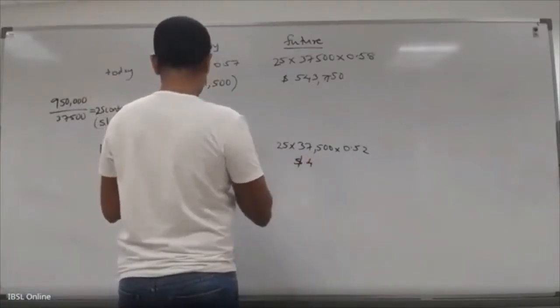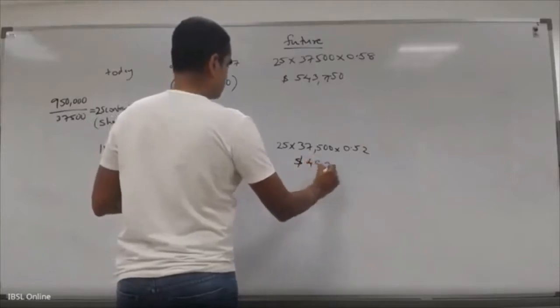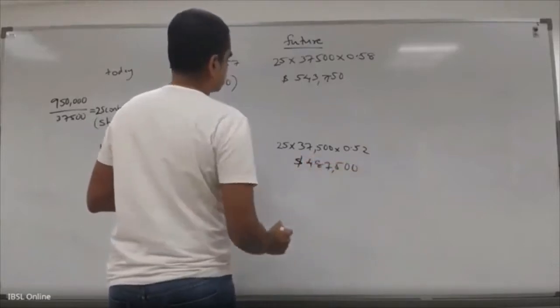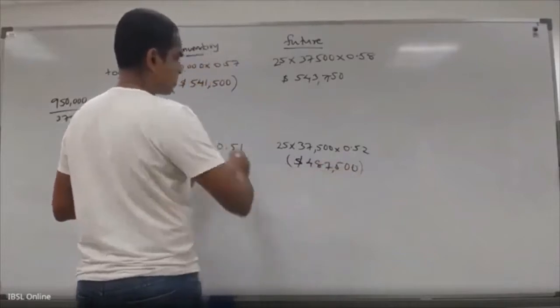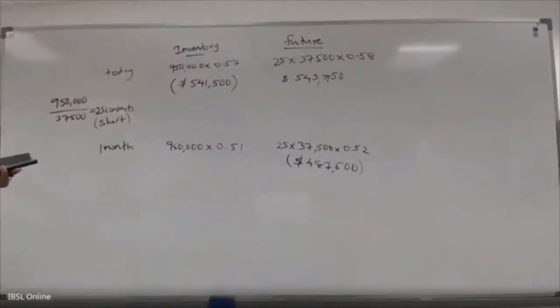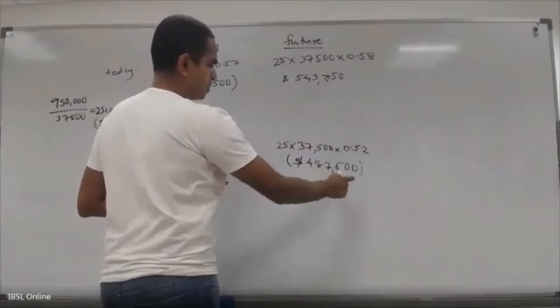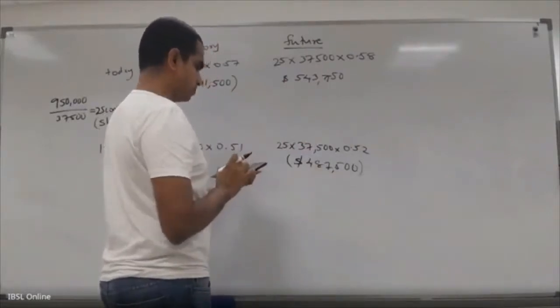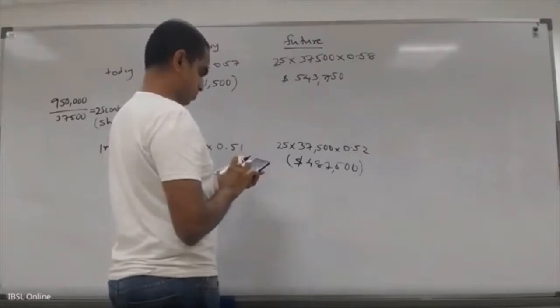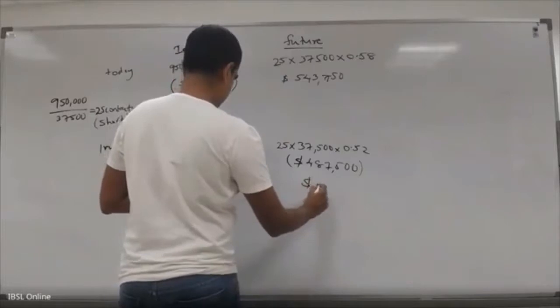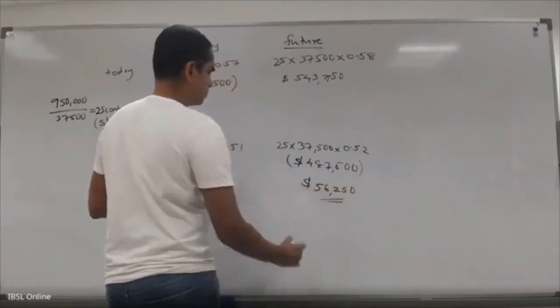It comes to 487,500. So they sold at 543,750 and can buy it back at 487,500, meaning they make a profit of 56,250.